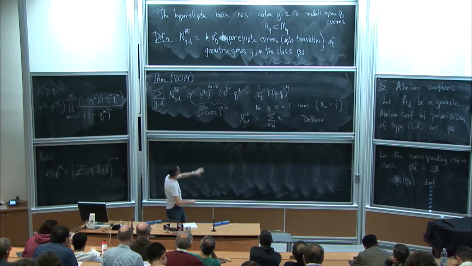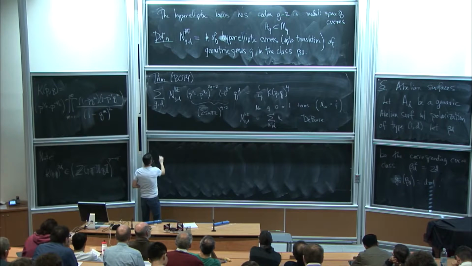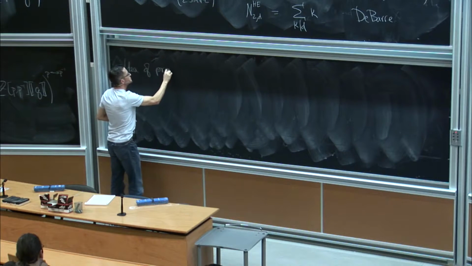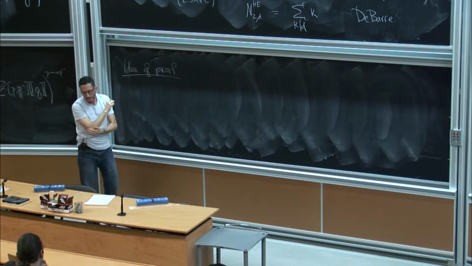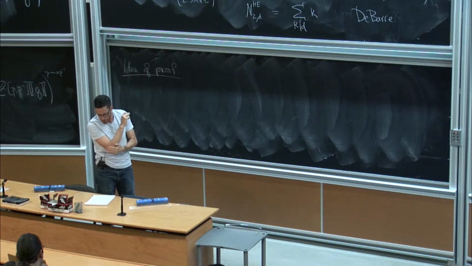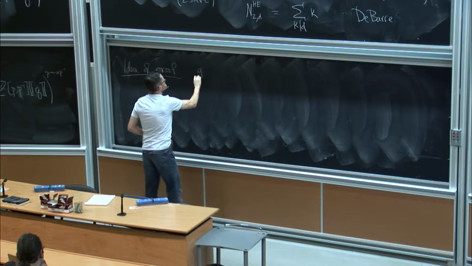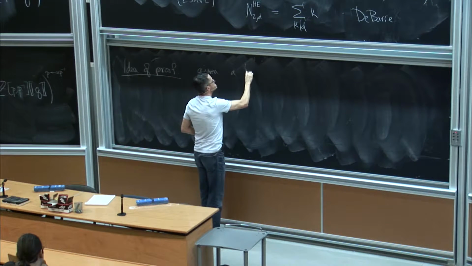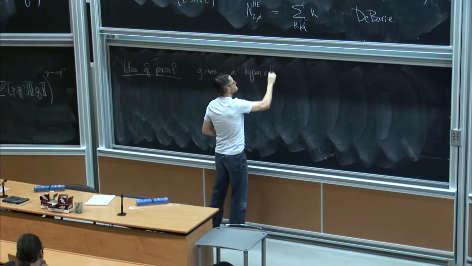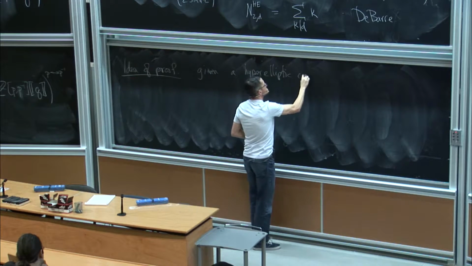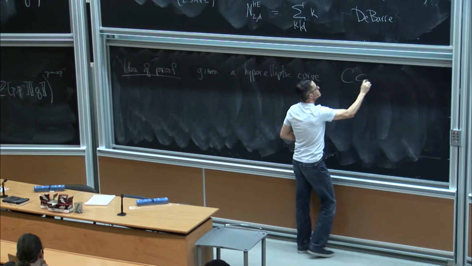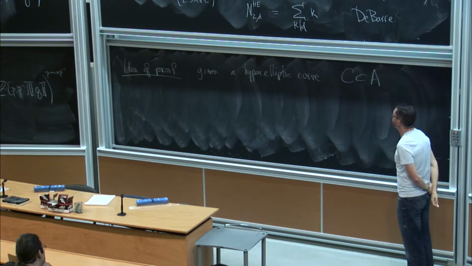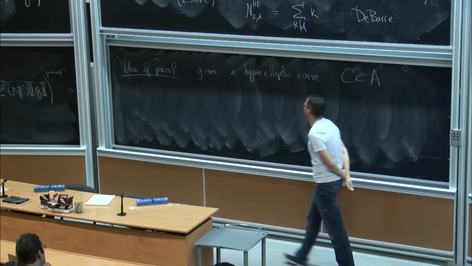Okay, so let me give you the idea, the geometry behind the proof here, because it's some pretty geometry. So if I have a hyperelliptic curve on my abelian surface, what does it mean for a singular curve to be hyperelliptic?